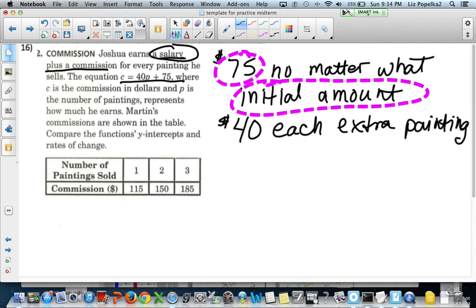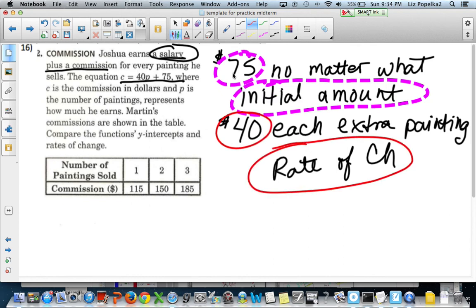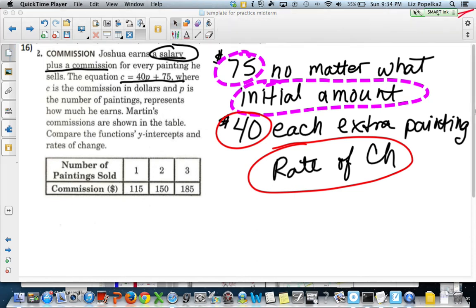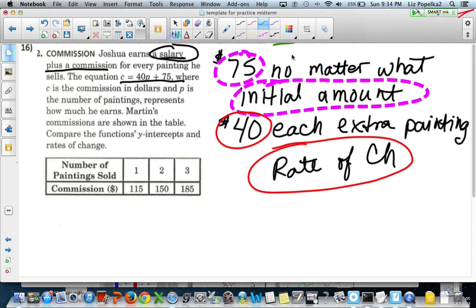That $40 is his rate of change because every single time he sells a painting, he gets another $40. So his $75 is his initial amount, $40 is his rate of change, and this is all for Joshua.